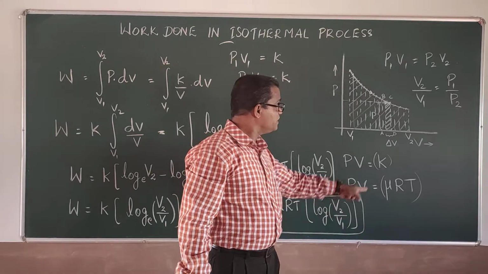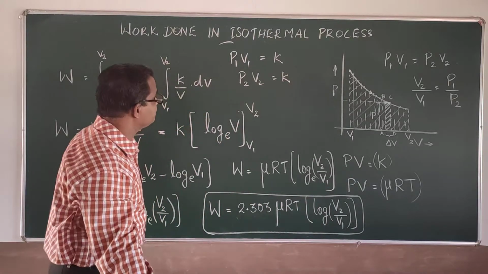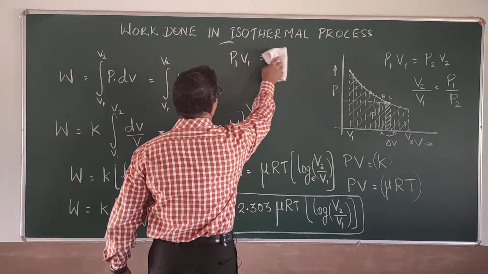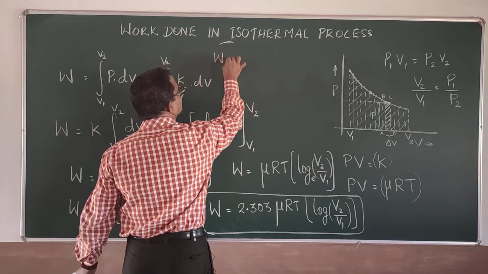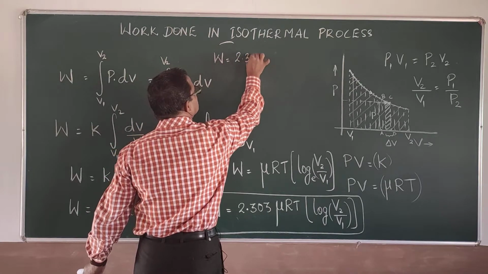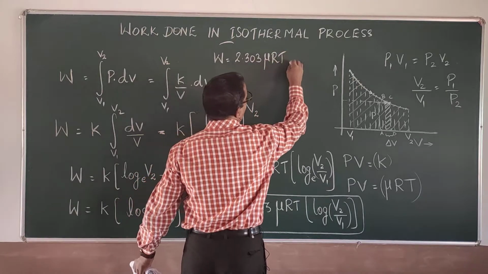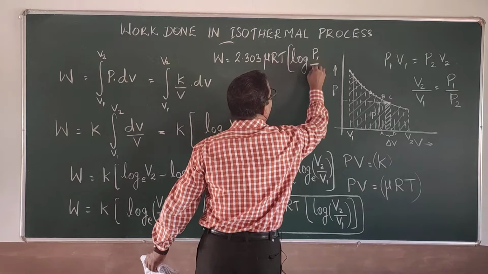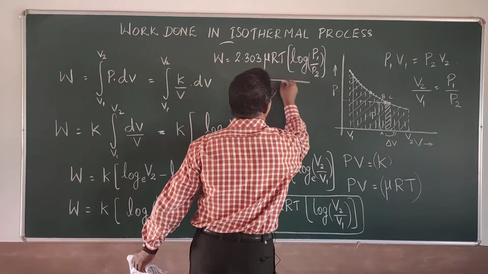That V2 by V1 can be substituted with P1 by P2, and therefore you can have one more formula, that is W equal to 2.303 mu RT into log P1 by P2 in terms of pressure.